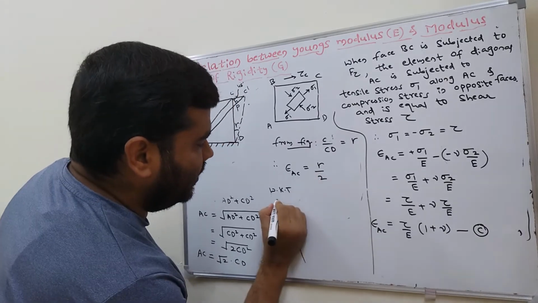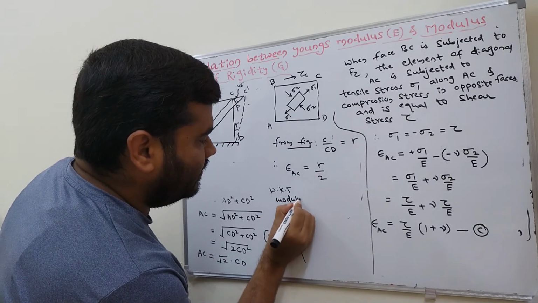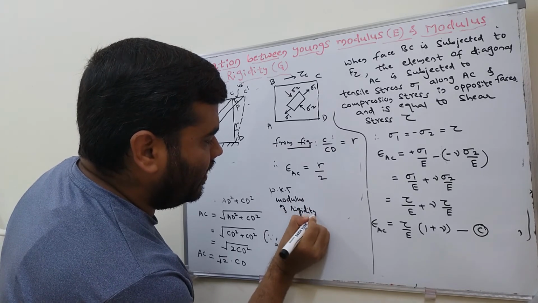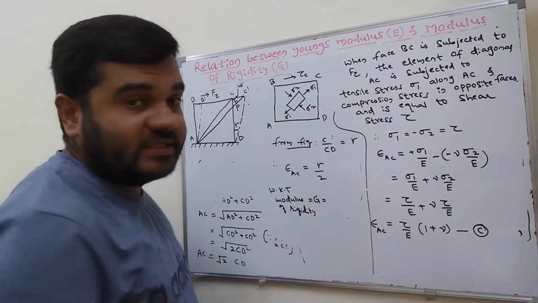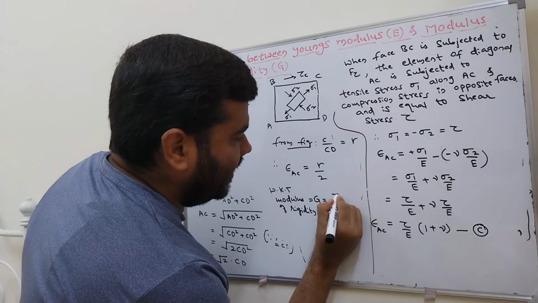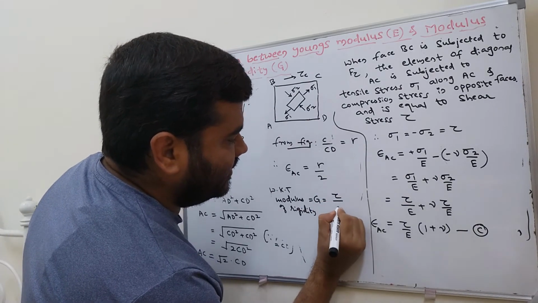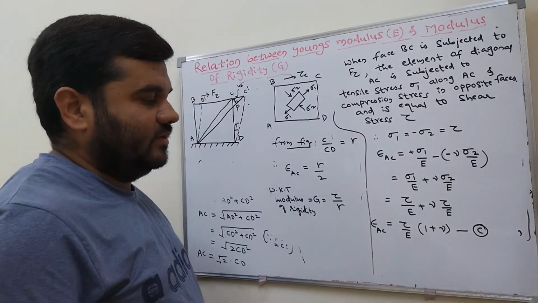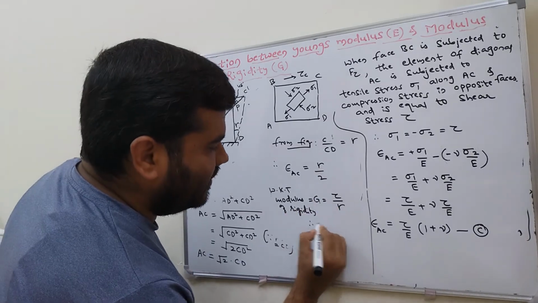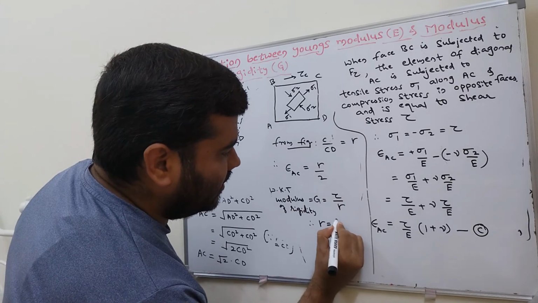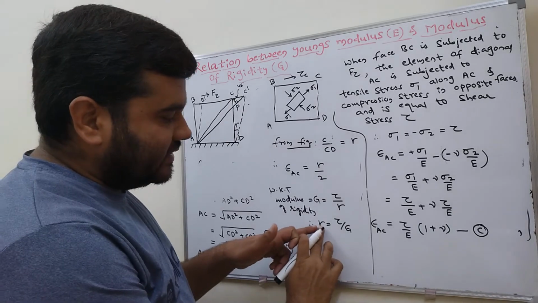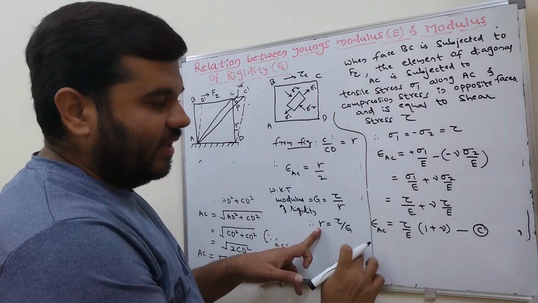G equal to shear stress by shear strain. Therefore shear strain equals tau by G.